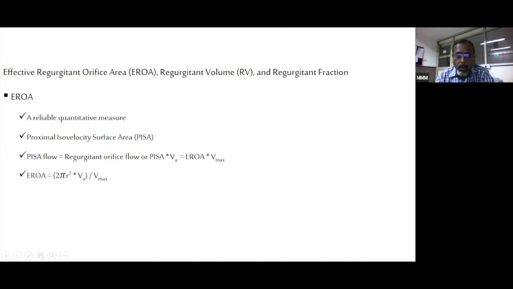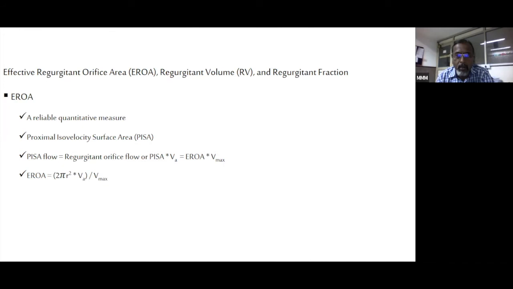The next important quantitative assessment is the effective regurgitant orifice area, the regurgitant volume, and the regurgitant fraction. The EROA is a reliable quantitative measure, and most of the time we use the proximal isovelocity surface area.